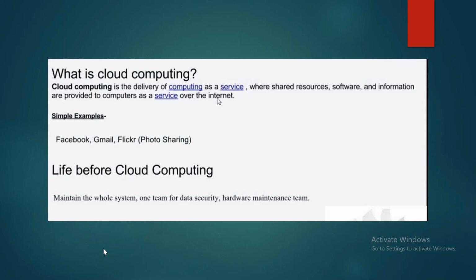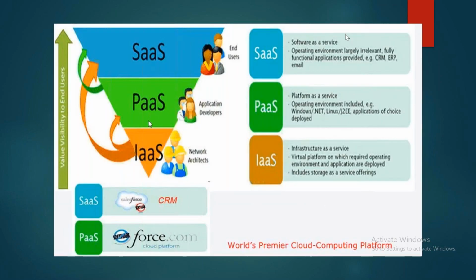Okay. So what are the different types of cloud computing? The lowest level of cloud computing is infrastructure as a service. So what exactly is the infra as a service model? Let's take an example. Let's say you got a project.